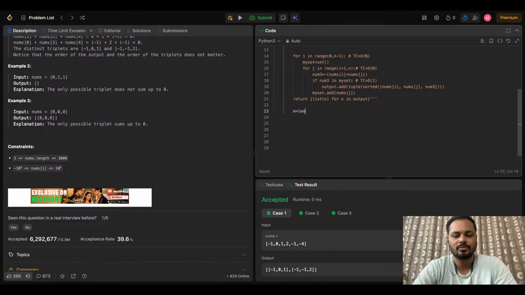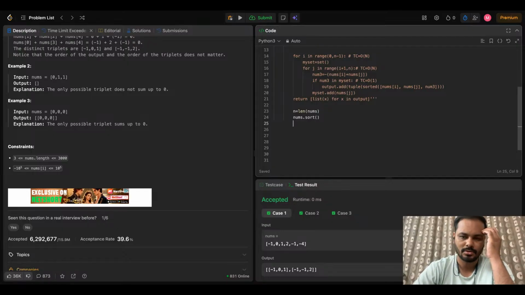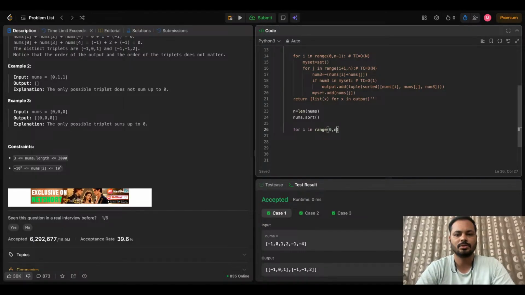N is equal to len of nums, then nums dot sort. Okay, so this is sorted. Now I'll do for i in range 0 to n. So I have fixed my i.